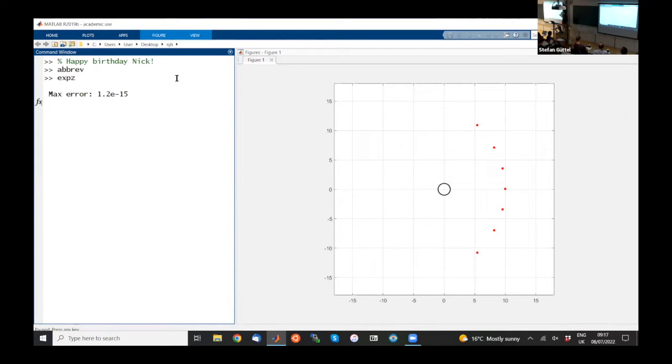What the plot shows is the poles of the AAA rational approximation. You can see the error on that set is 10 to the minus 15. That's the maximum, of course. And most of the codes have a pause command.